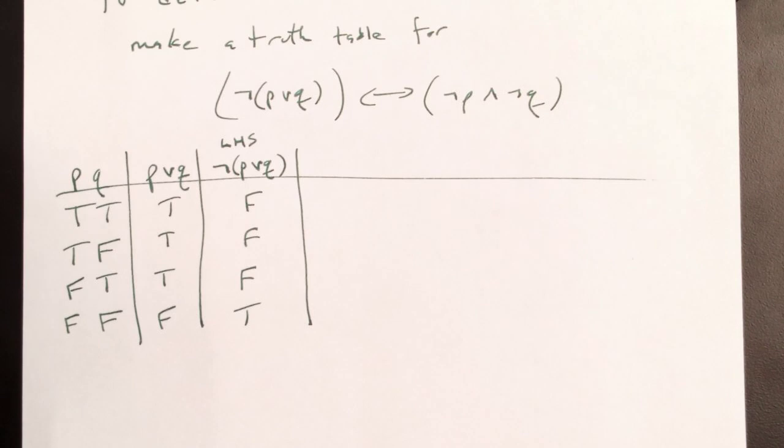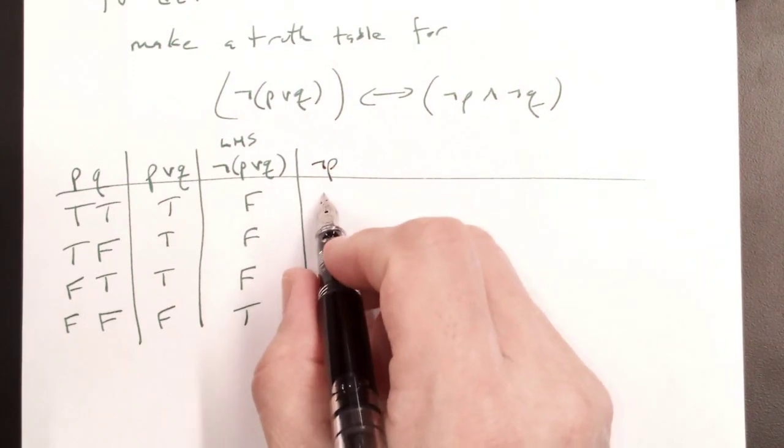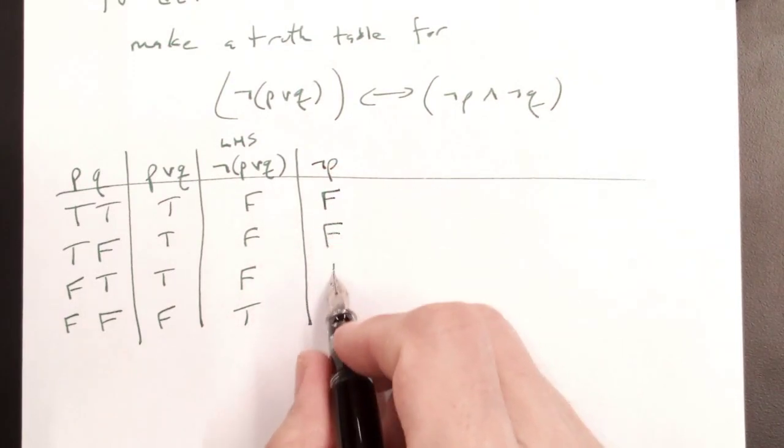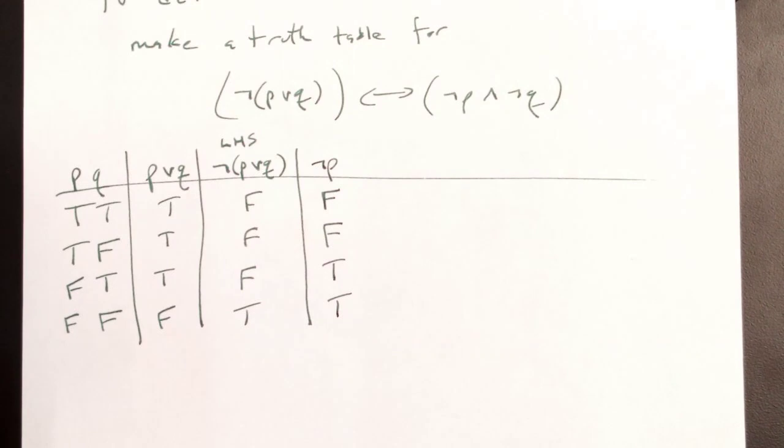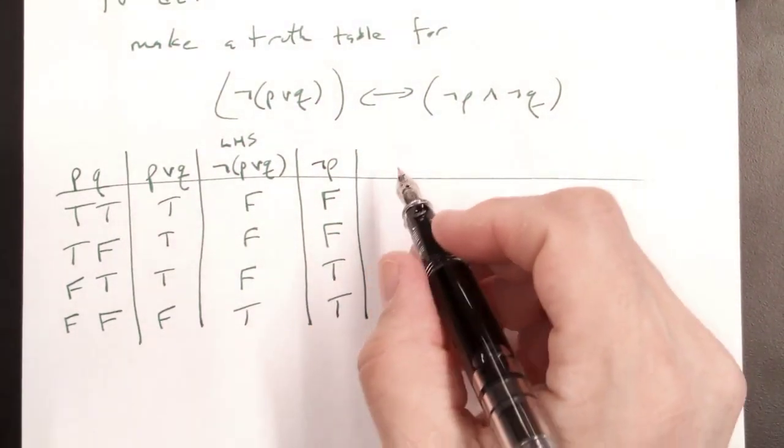Okay. Right-hand side, inside out, order of operations says not comes before and. I need not P, I need not Q. Not flips the bit. Again, one sentence.